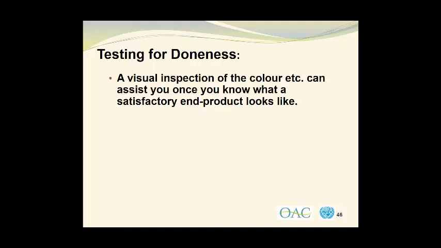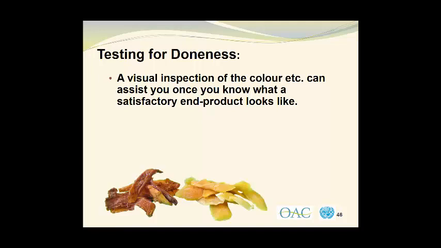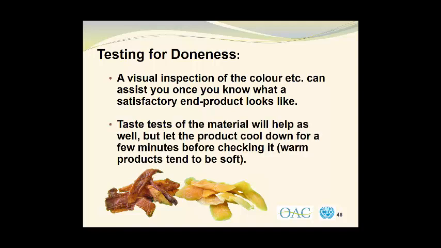A visual inspection of the color can assist you once you know what a satisfactory end product looks like. So here we have examples of two dried mango products. The one on the left may be somewhat overly dried, as indicated by the dark brown color.